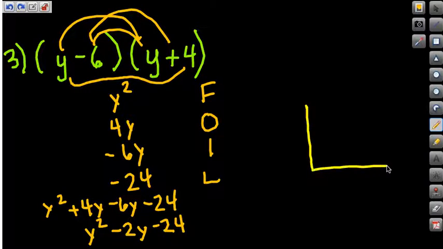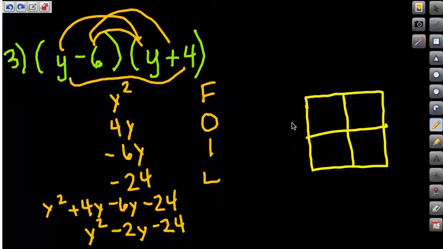All right, not bad. Okay, so we can first put the y here and our minus 6 there, and then our y here and our 4.